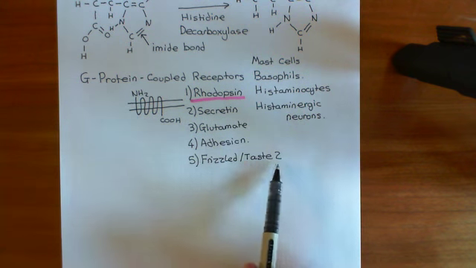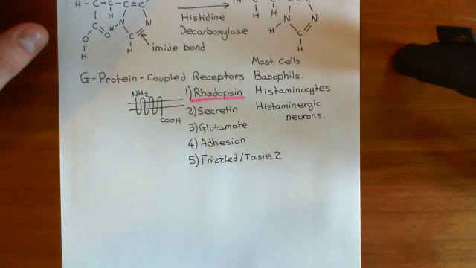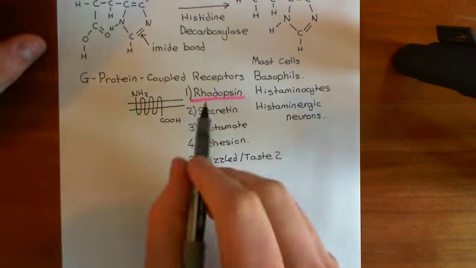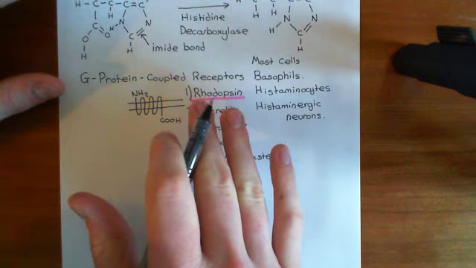The taste2 receptor is a receptor for bitter taste molecules and is used in gustation. Right. So the rhodopsin family is the biggest family, and it's the family within which all of our histamine receptors fit.